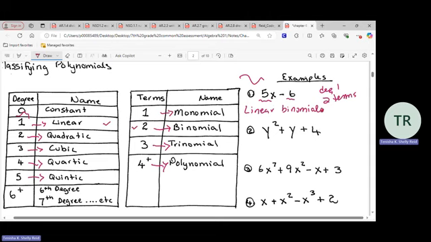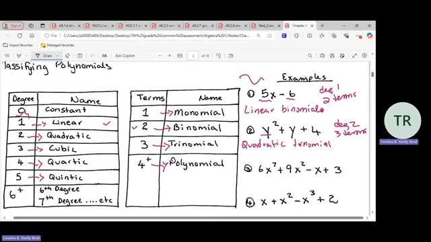Is this in standard form? Let's see. Highest degree is 2, 1, 0. Okay. So the highest degree is 2, and there's 1, 2, 3 terms. Now I look at my chart. This is going to be a quadratic trinomial.